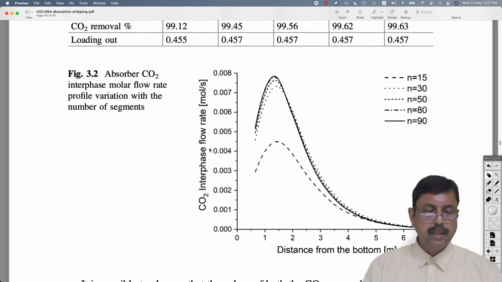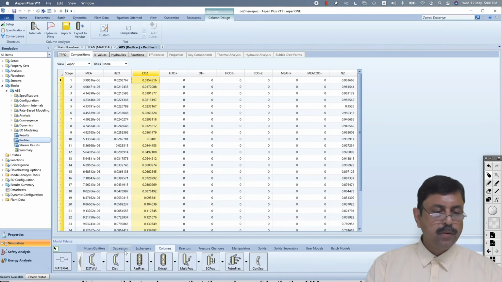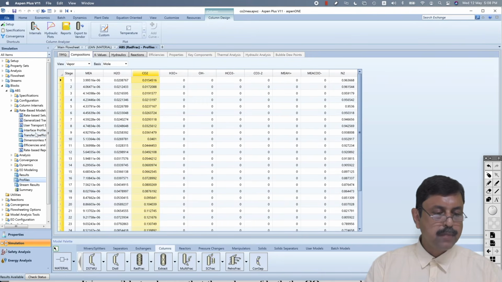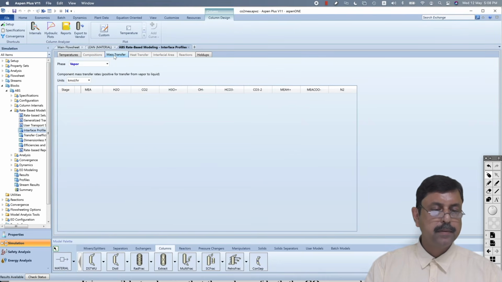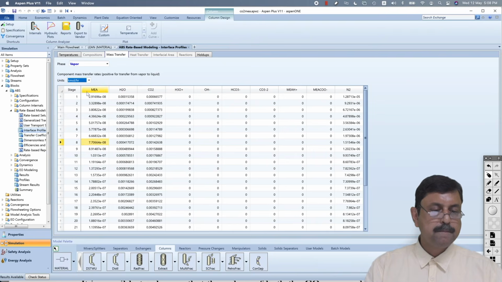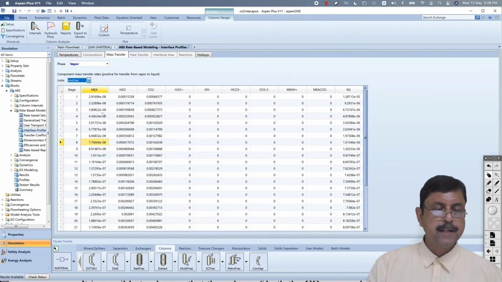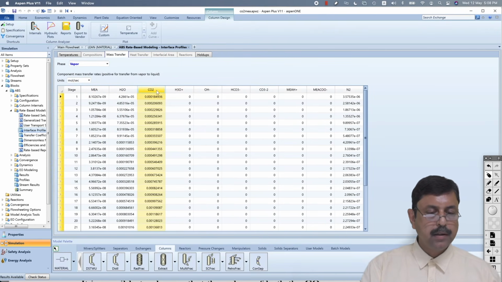Now, if you want to see the CO2 interface flow rate, for that we have to go to rate-based modeling, interface profile, mass transfer, unit, moles per second. So copy this one.